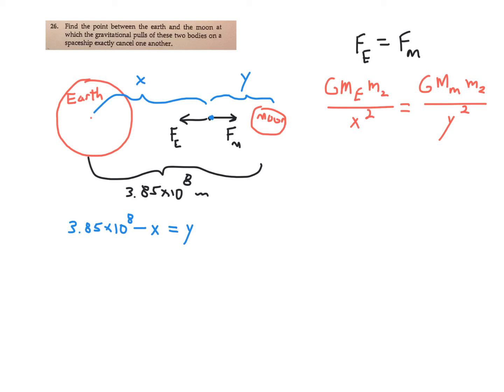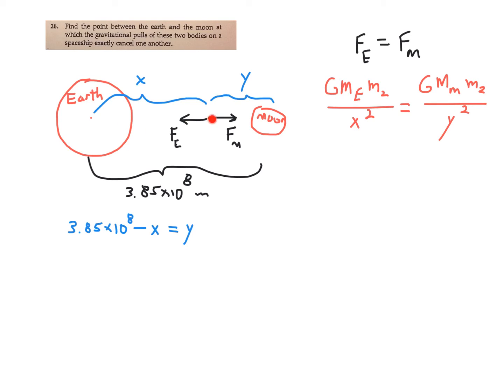Now, I'm looking for the location where the force that the Earth exerts on the satellite equals the force the Moon exerts on the satellite. The universal equation is G m m over r squared. I'm using x for my r because that's my specific distance from the Earth to this location.